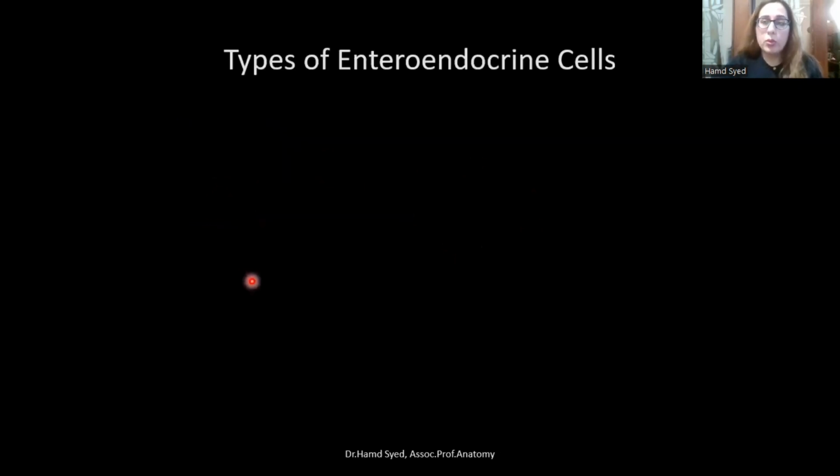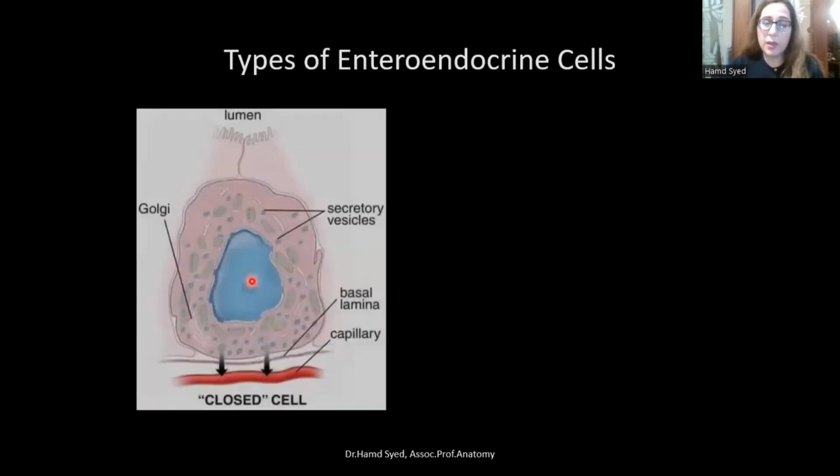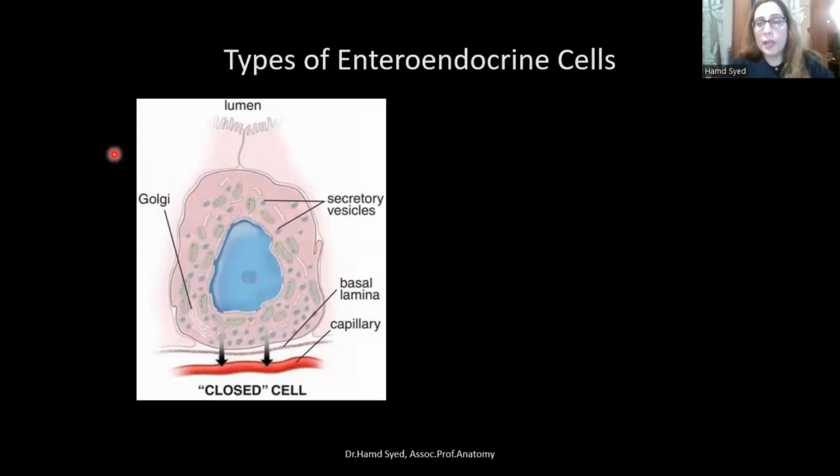Now, if we want to classify enteroendocrine cells, we can do this by understanding that they can be of the closed or open variety. What do we mean by the closed cell? In this case, the cell is not in communication with the lumen of the stomach, and it releases its secretory product into the blood capillaries adjacent to its basal region. From here, the secretory product is carried away to a distant target site.